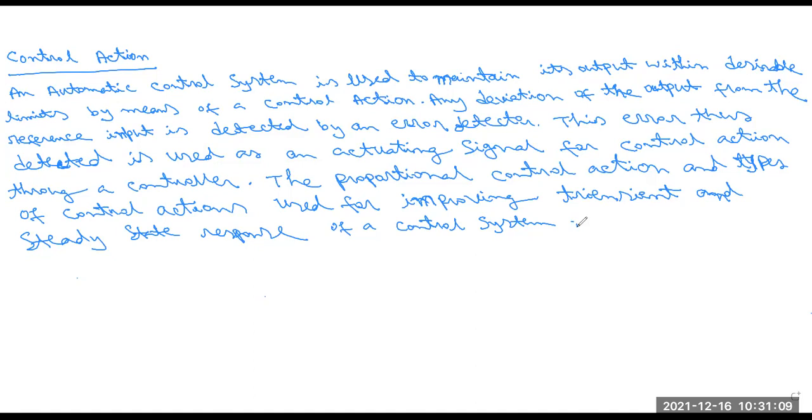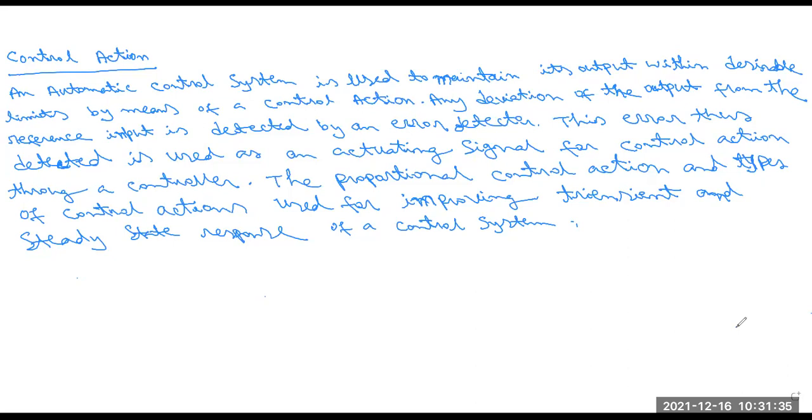What is an error detector? It detects any error or undesirable value coming between the reference input and the measurable output. This detected error is used as an actuating signal for control actions through a controller.